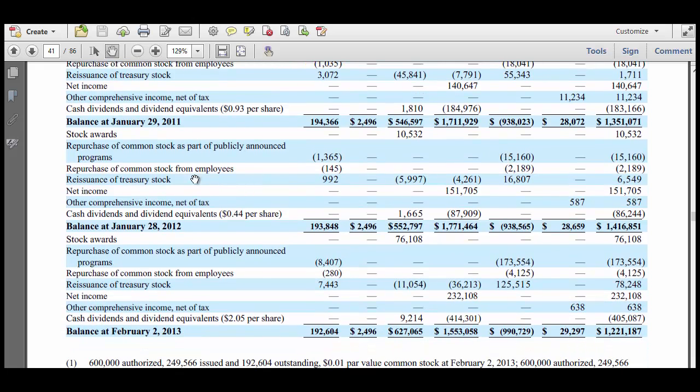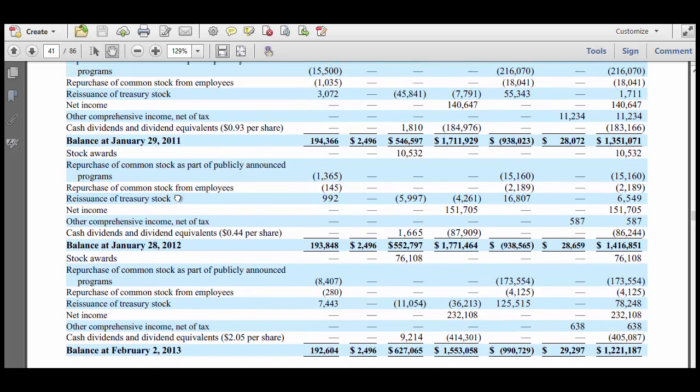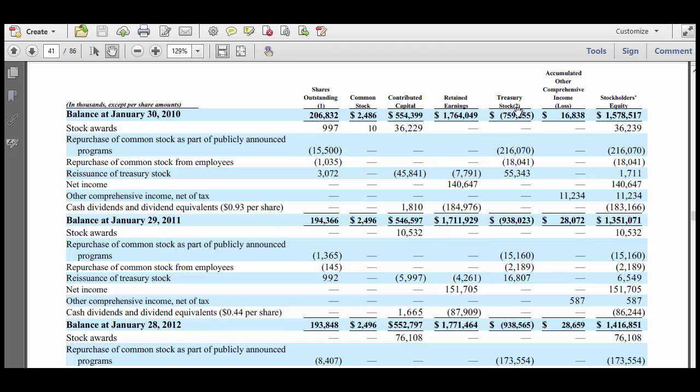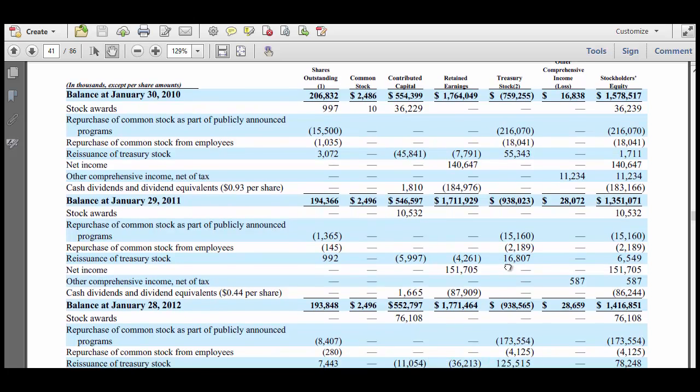And I have 2013. But you can see here that there's reissuance of repurchase of common stock from employees. That's a purchase of treasury stock. And there's a column here for treasury stock. It's interesting, they changed the number, so the number is different from the book.